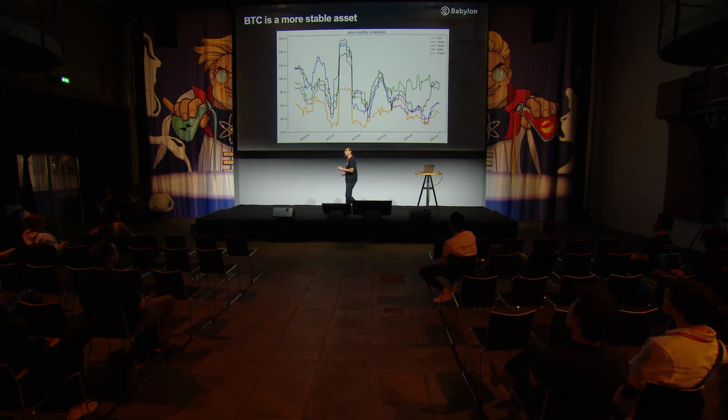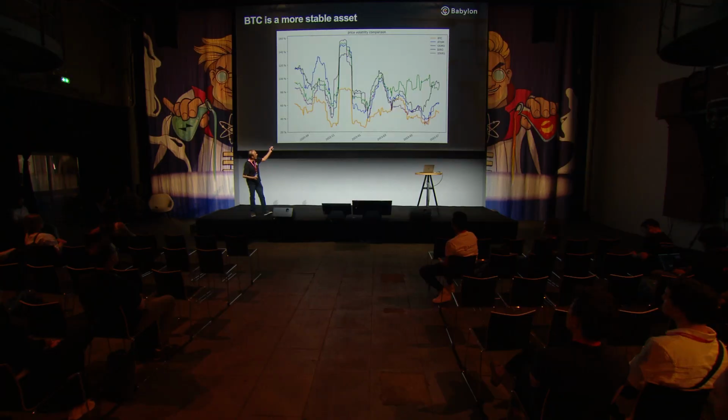Now, as a security, you want a very stable security base. The reason is because security is a function of your market cap. The higher the market cap, the harder it is to attack the chain. So you don't really want a very volatile asset, where market cap goes up and down, because when you're down, you are the weakest.